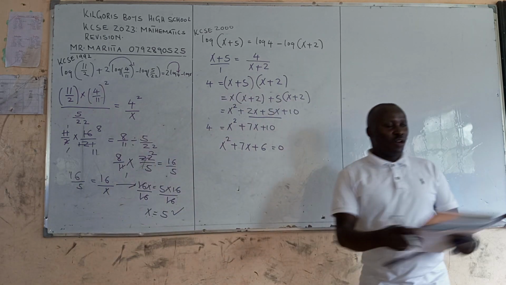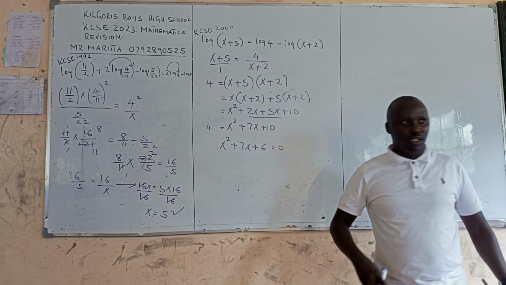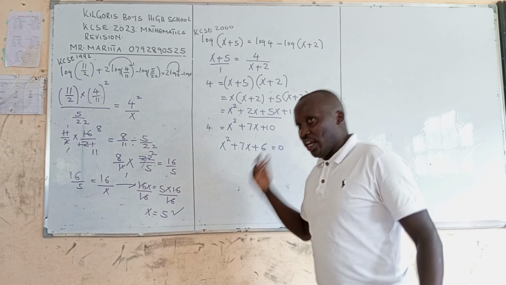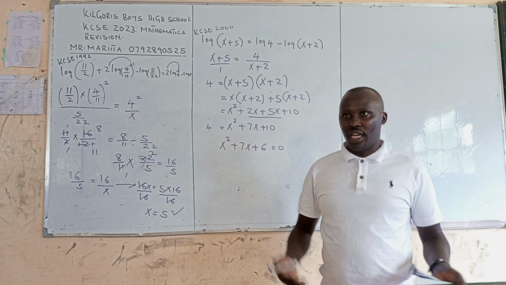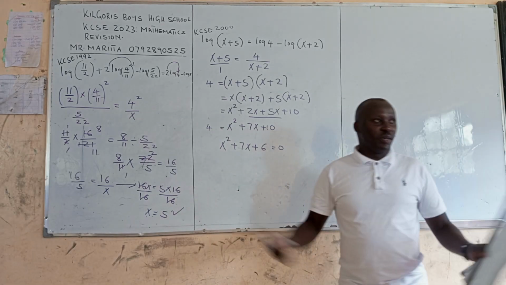In that case now, there are several formulas you can use to find the value of x. You can use the completing square method, you can use the quadratic formula, or you can use the sum and the product. Here the quadratic formula is the easiest.